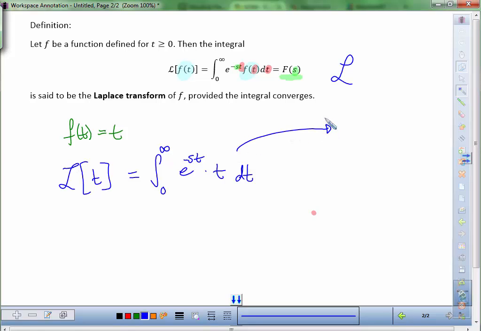So doing this by hand, just so you get a feel for what happens to the s here. s is a constant, remember, e to the negative st. I would let u equal to the polynomial t, and dv equal to e to the negative st dt.